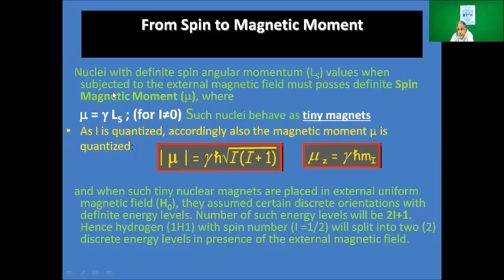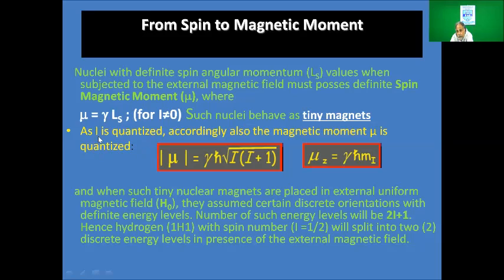Once again, this is simply a recapitulation of the previous slides. For mu equal to gamma into Ls, I must be non-zero. That means nuclei with a definite spin angular momentum Ls, when subjected to the external magnetic field, must possess a definite spin magnetic moment. This is essential, as the nucleus in that system behaves as a tiny magnet.